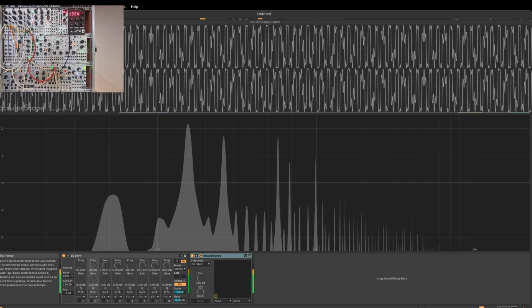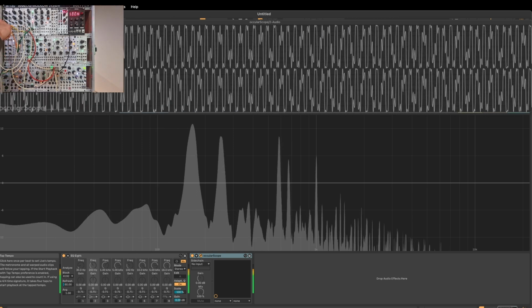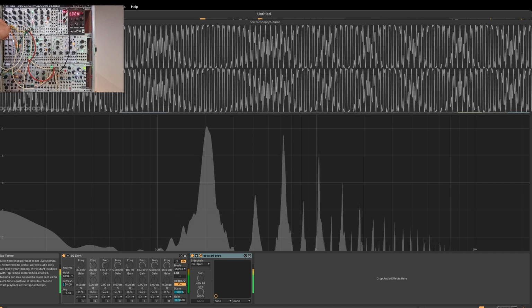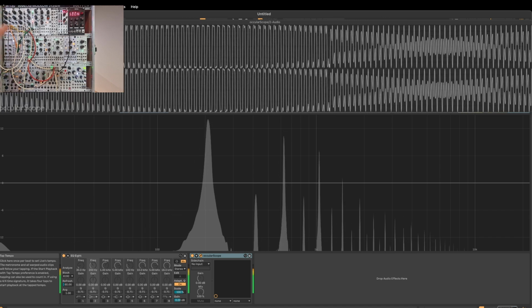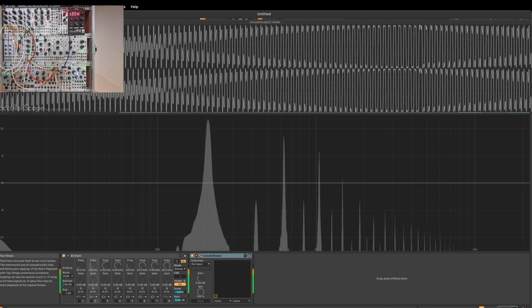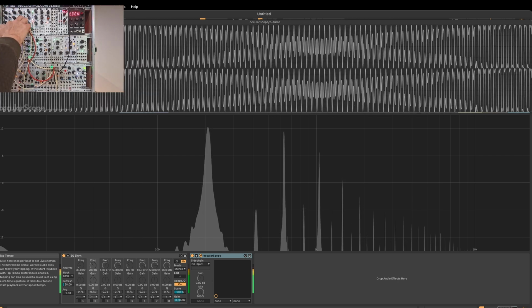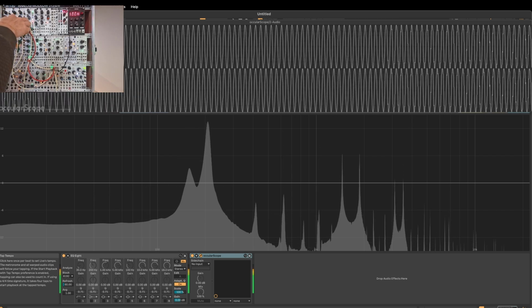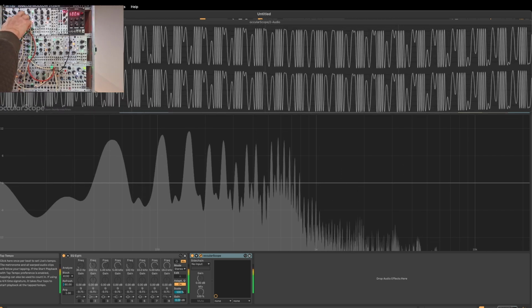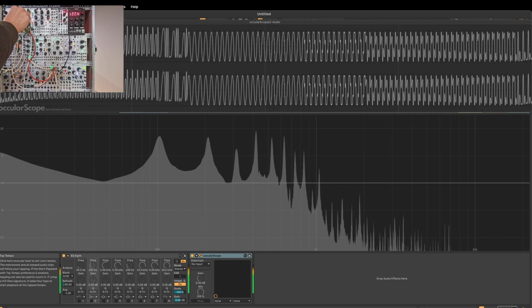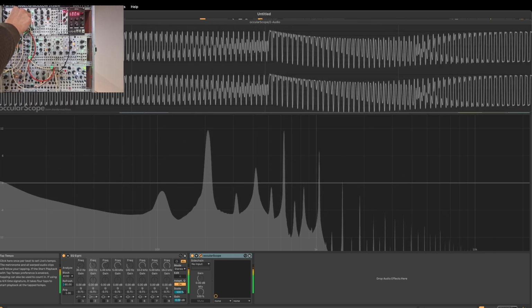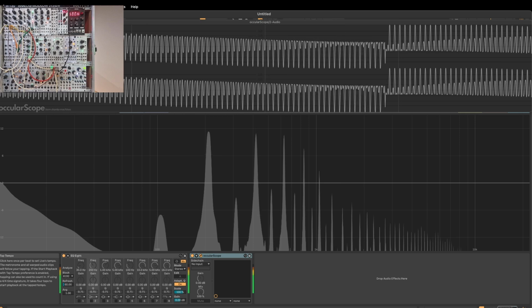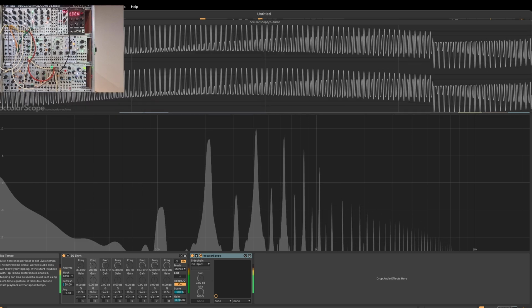Let's have some fun here. I'm tuning this kind of to a harmonic ratio, and now I'm going to shift by octaves. This exactly sounds like an FM synthesizer.